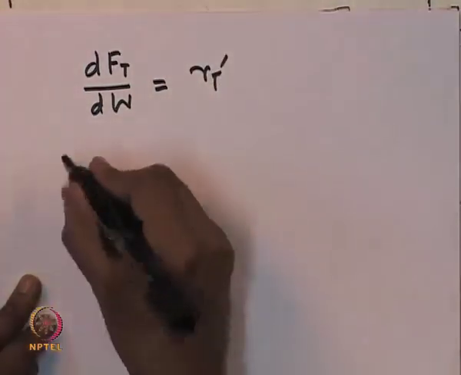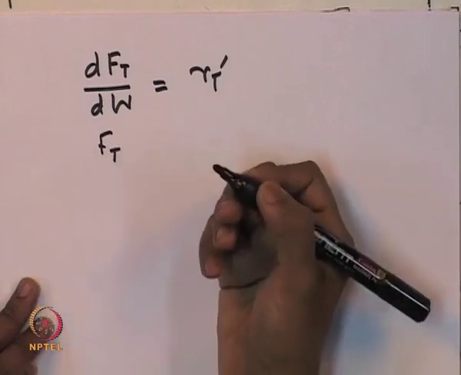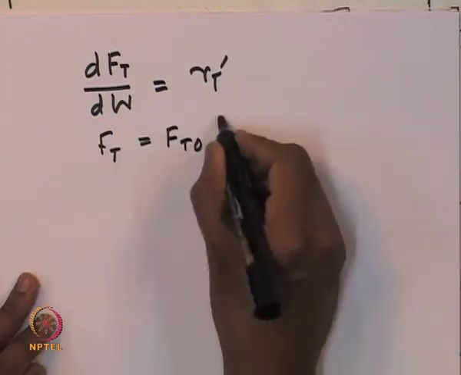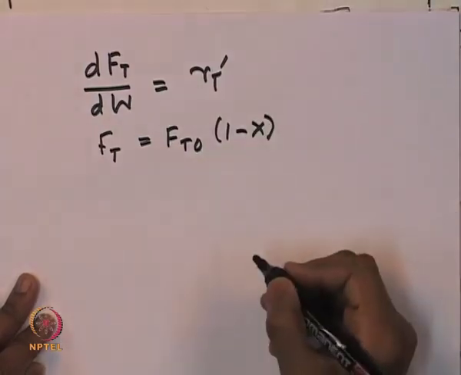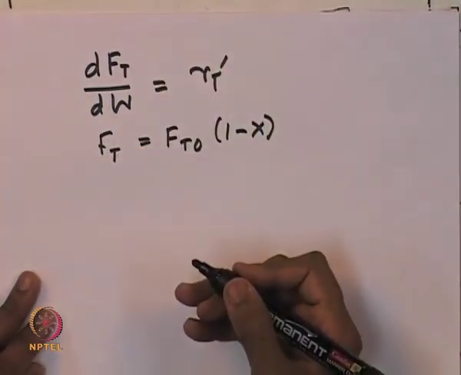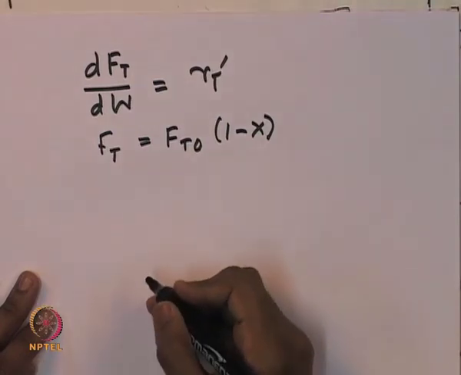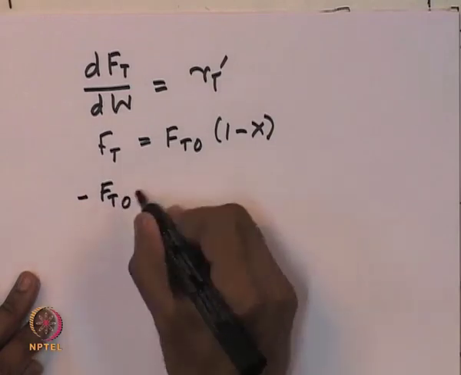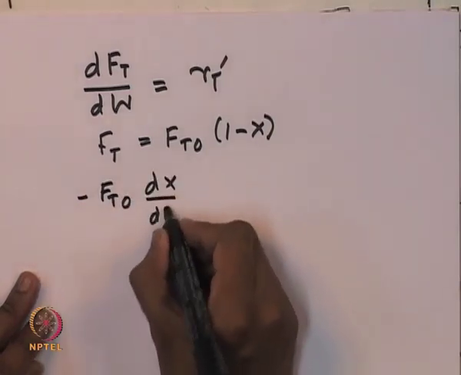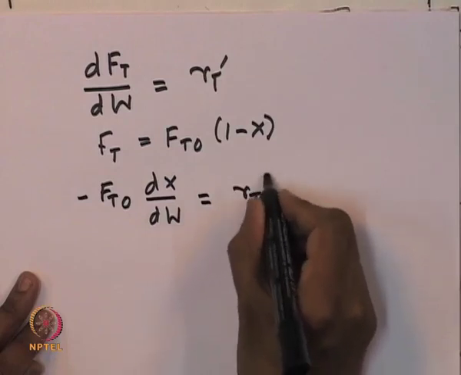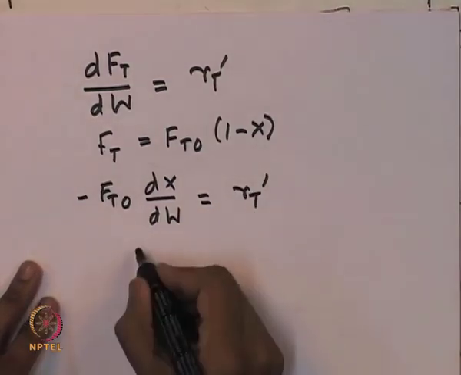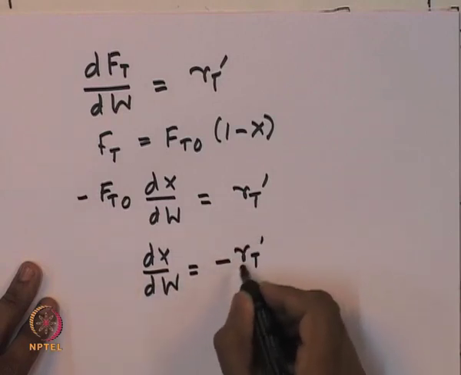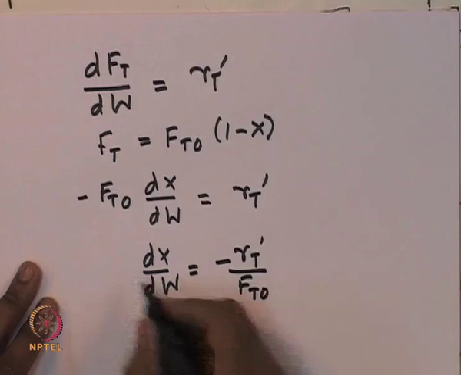Now, F T can be written in terms of conversion as F T naught into 1 minus x. Substituting this relationship, we get minus F T naught dx by dW equal to R T prime. Therefore, dx by dW equals minus R T prime divided by F T naught.